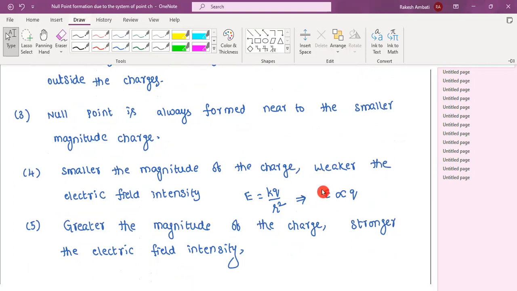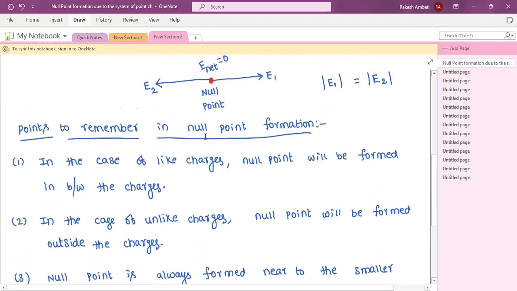The fourth one, we know E is proportional to Q, that means smaller the magnitude of the charge, weaker the electric field intensity. In the same way, greater the magnitude of the charge, stronger the electric field intensity. These are the five points we have to keep in mind whenever we are drawing the intensity distance graph.